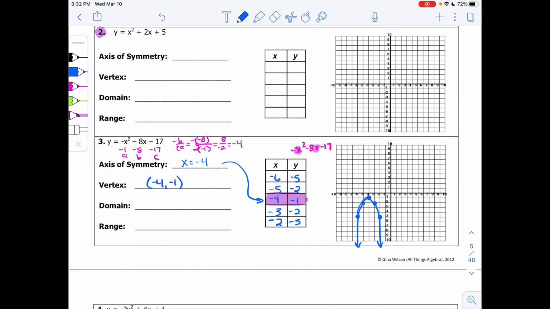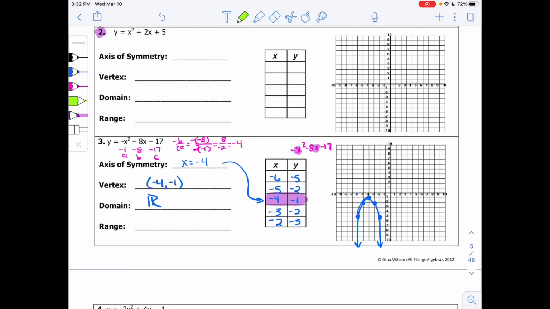And then we can see that our domain, the x values, if we check left and right, is all real numbers. And then our range, our y values: when I'm up here in my positive range, there's no graph.